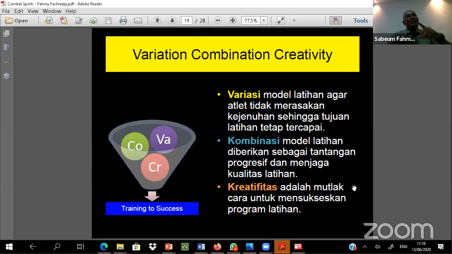This is, I mean, difficult for the training model. Number 3 is creativity. If a coach has good creativity, athletes are happy every day, with good spirit every day. This is nice for training to succeed.